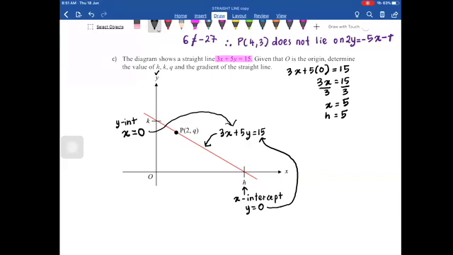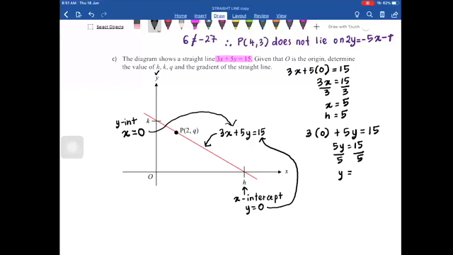So 3 times 0, plus 5y equals 15. So 5y equals 15, divide by 5, hence y equals 3.